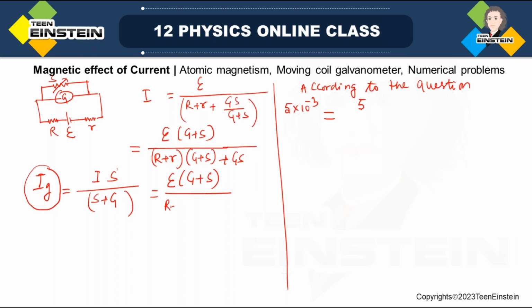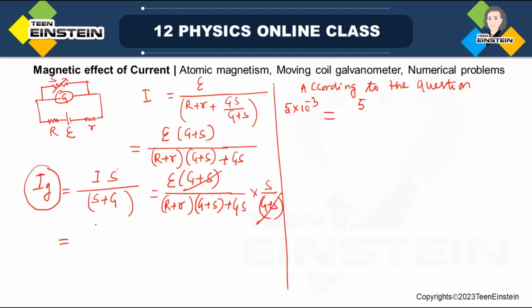So this is R plus r into G plus S, G plus S into GS. This is actually I into S by S plus G. This will cancel each other.